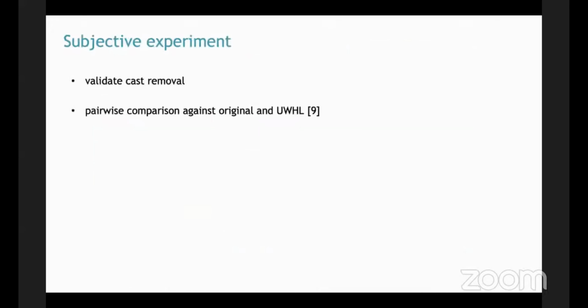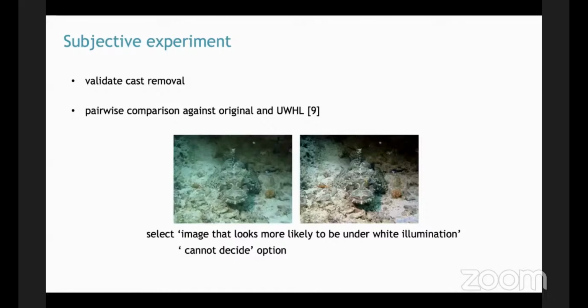If we only do a qualitative inspection, it's not really enough. So what we want to do is to validate the color cast removal with a subjective experiment. In this, we asked our participants to compare 2 images and select the one that looks more likely to be under white illuminant, as in the layout that you see here.